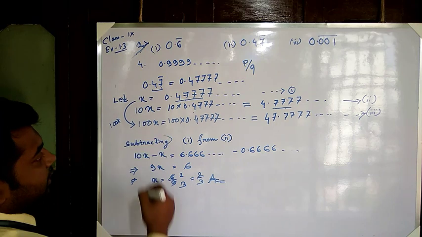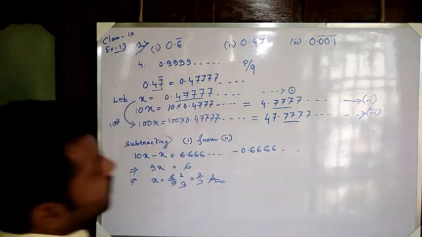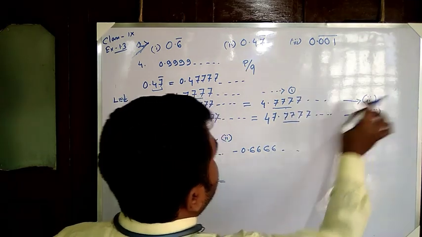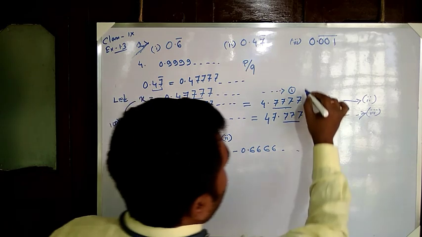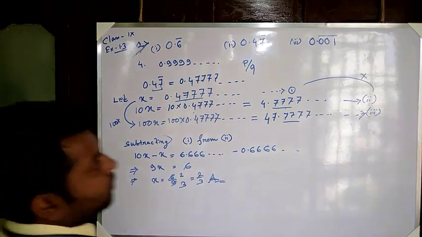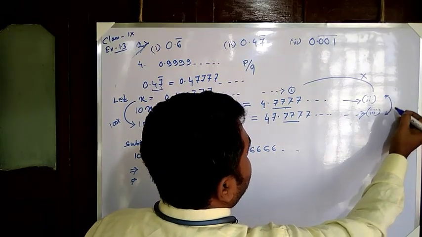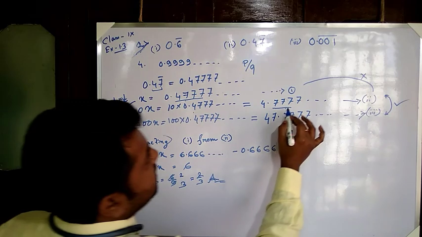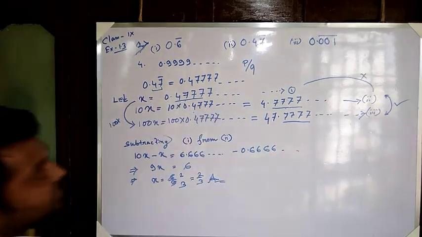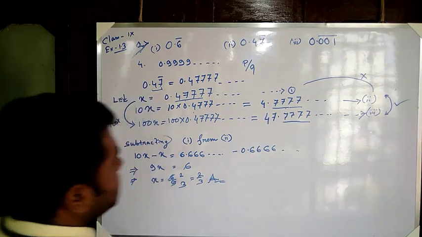If we multiply again by 100, we get 47.77. So equation 1 is not related with 2, but 2 and 3 are related. How? See, 4.777 and 47.777, after the point both parts are the same.